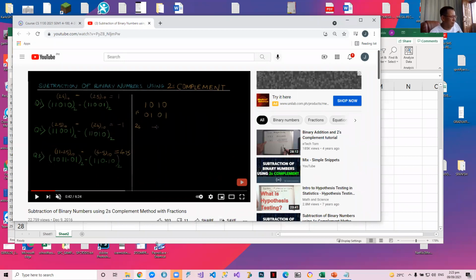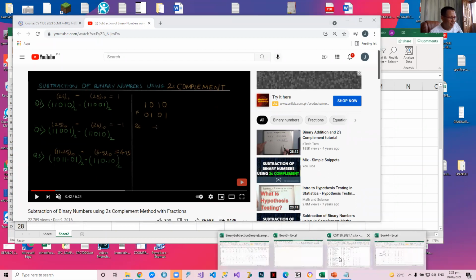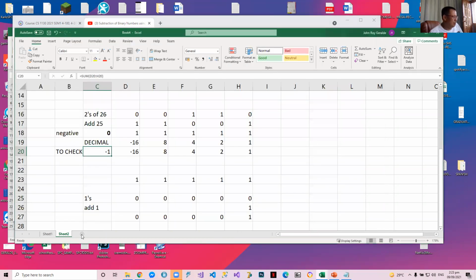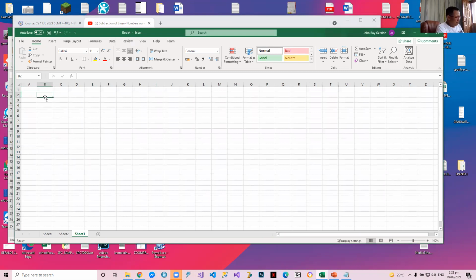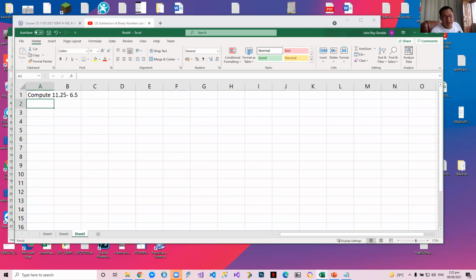11.25 minus 6.5, okay? I will have more examples. Now we need a different table because we now have fractions, right?